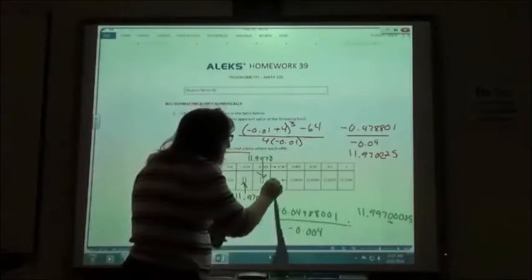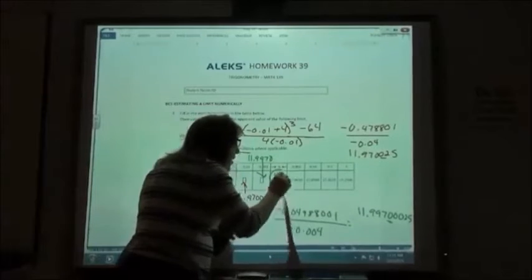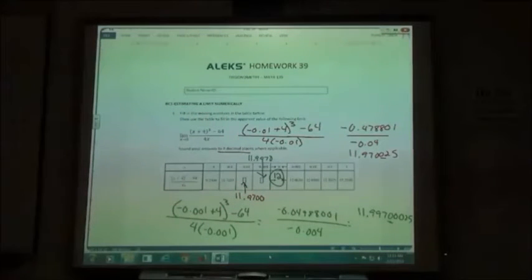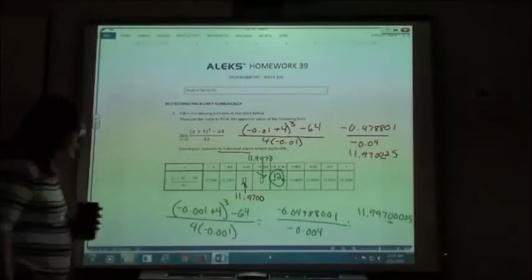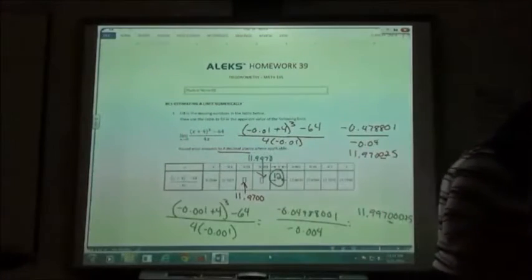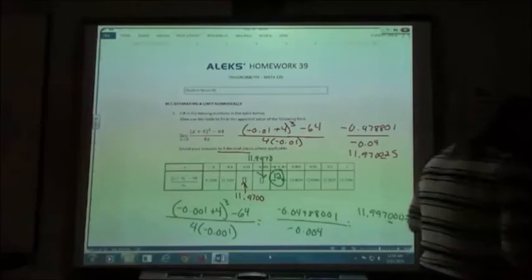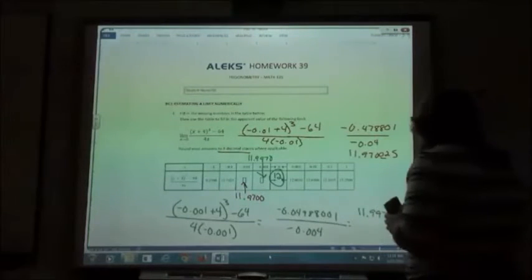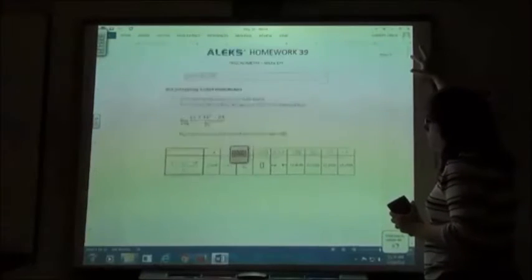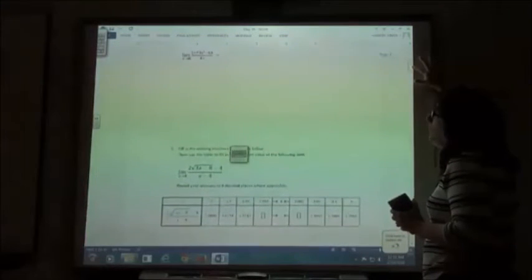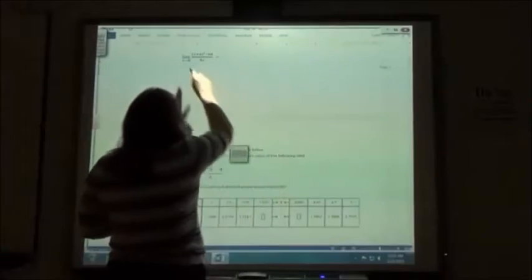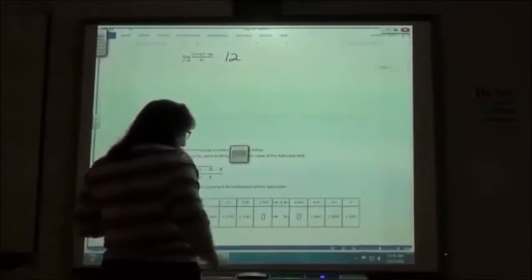In between those then, we can say that, oh, as we approach 0, we're getting closer and closer and closer to 12. There it is. I was supposed to put that in there. The limit as it approached 0 was 12.